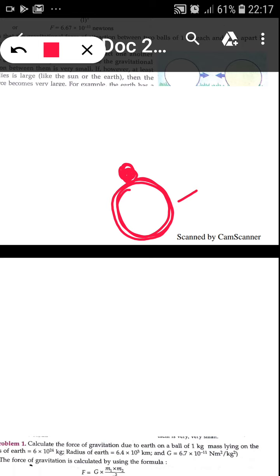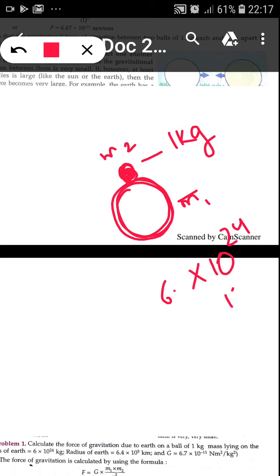This ball is given a mass of 1 kg, so we can write m2 is 1 kg, and mass m1, that is the earth's mass, will be 6 into 10 to the power 24 kg.